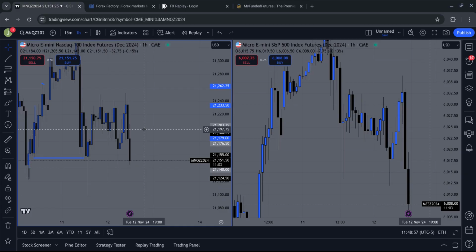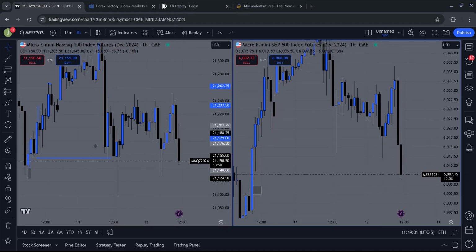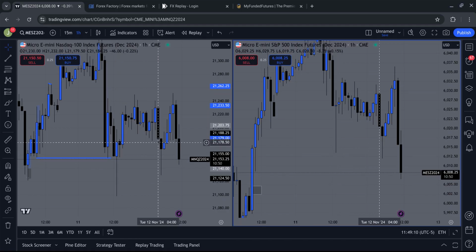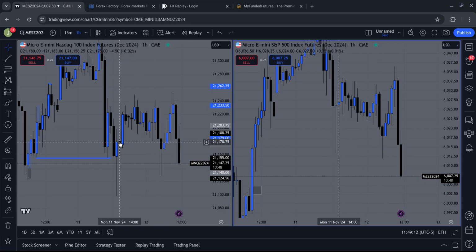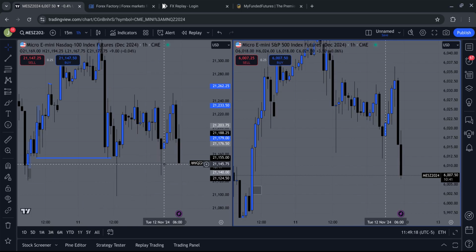Alright, so coming into the market, this is the hourly chart. We had SMT with this previous day low right here, this low on Monday. ES had taken out, swept that low, but NQ failed to do that, right? So that's already a bullish SMT before market open.